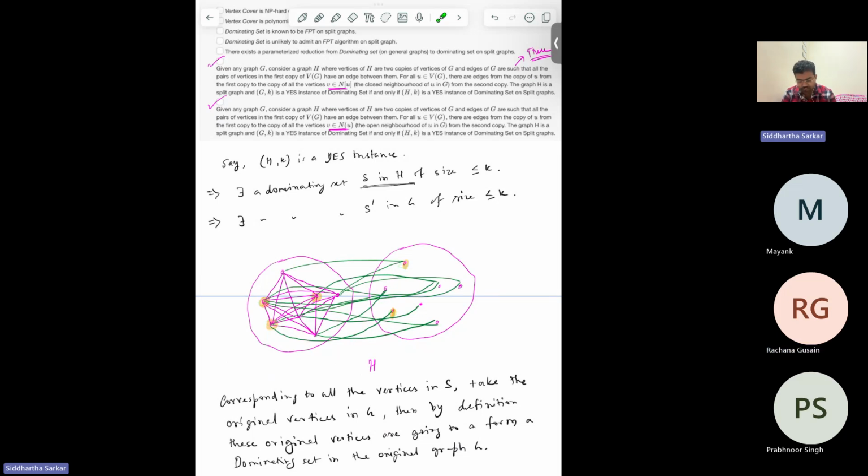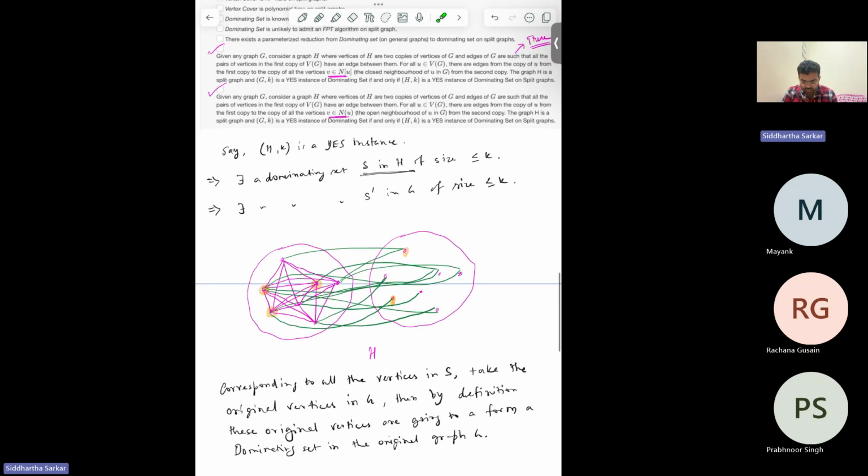Then you take the corresponding original vertices in G. Some may repeat, so we'll get a smaller or equal size dominating set in G. All the other vertices are already dominated, because these crossing edges are simulating the original edges only. So that is the other direction: if H has a dominating set of size k, then G will also have a dominating set of size k.